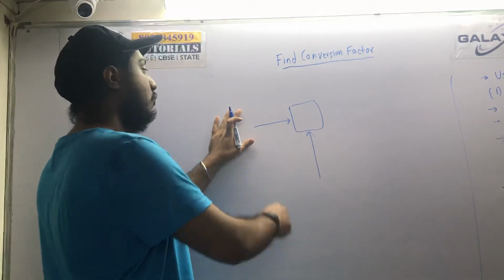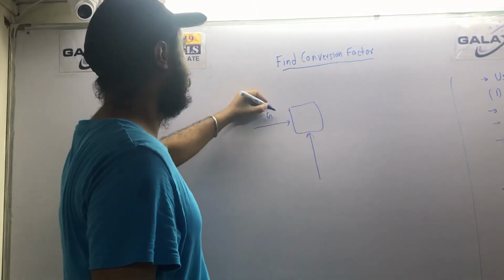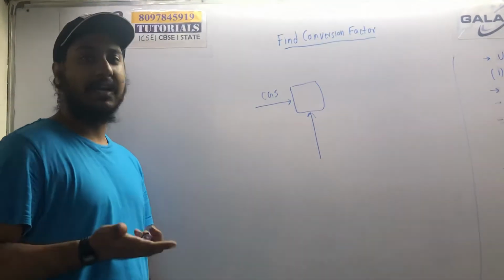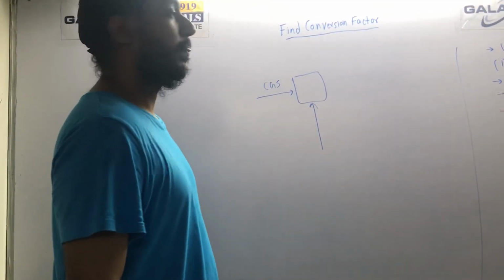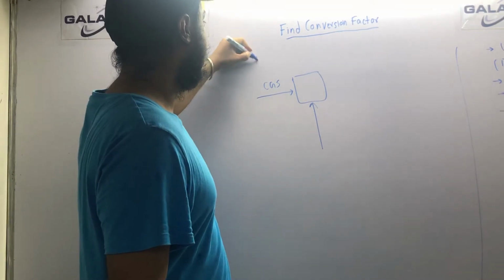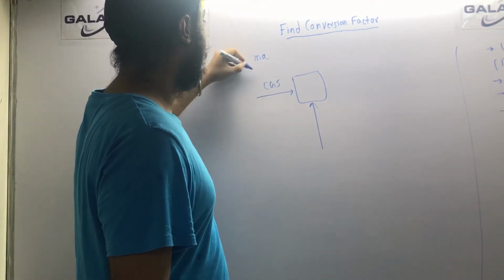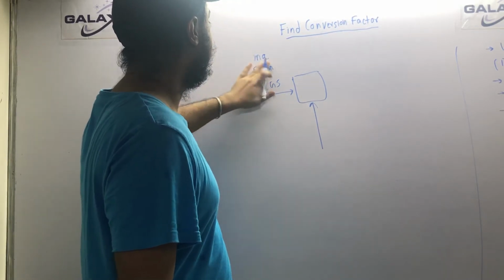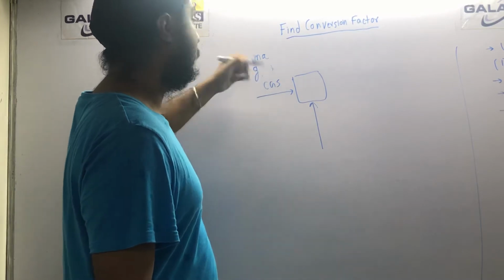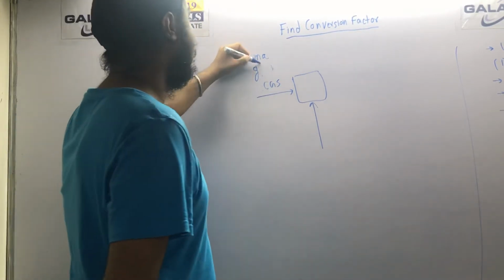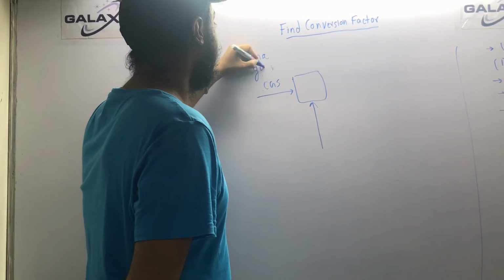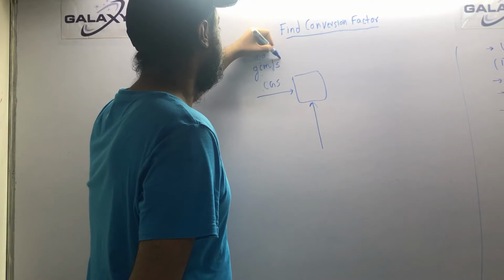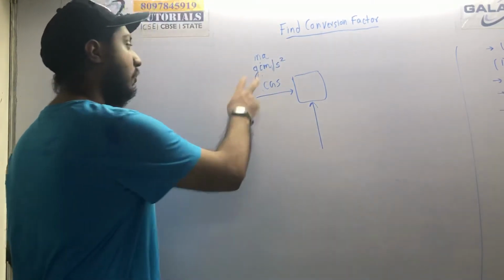One force is given to you in CGS, the centimeter-gram-second system, in which we use all the units in centimeters. Force is mass into acceleration, so the mass is in grams, since in MKS it is kg. So the unit will be gram centimeter per second square. This is for CGS.